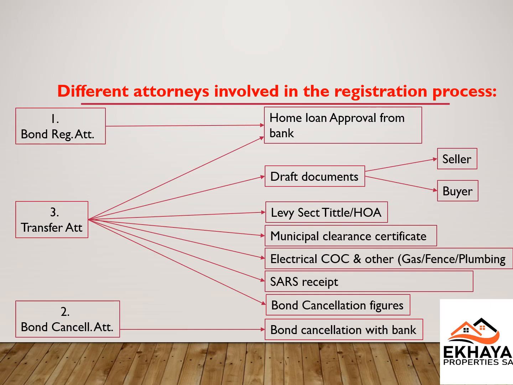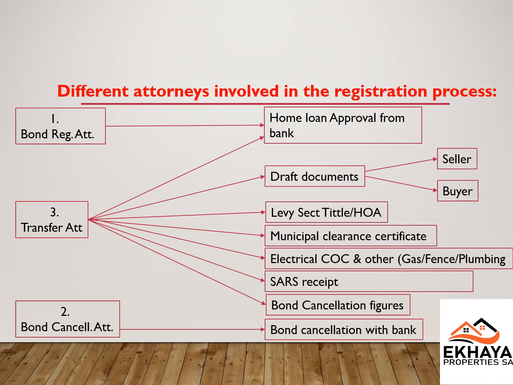Seller is signing that, okay, this property is being transferred from my name to the new owner. The levy statement from the sectional title or homeowners association, the municipal clearance certificates, the electrical certificate of compliance, and other certificates like the gas, fence, and plumbing certificates, the SARS receipt, and bond cancellation figures.